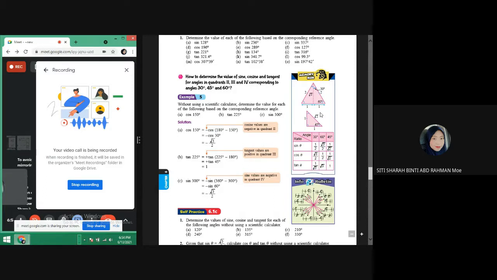The first one is the equilateral triangle, with all sides equal to 2. When we divide this in half, this side will be square root of 3 by using the Pythagoras theorem.